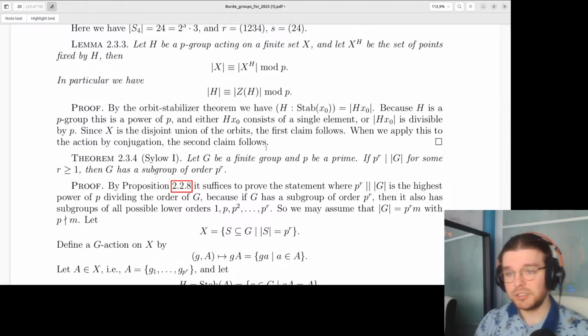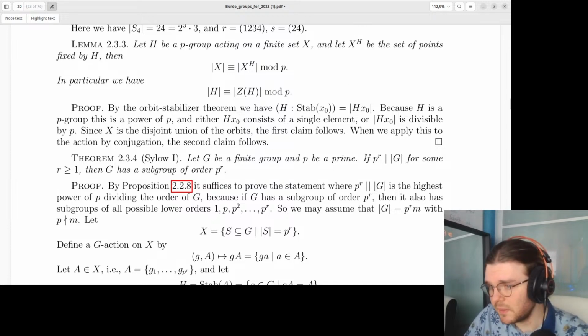It says let G be a finite group and P be a prime.